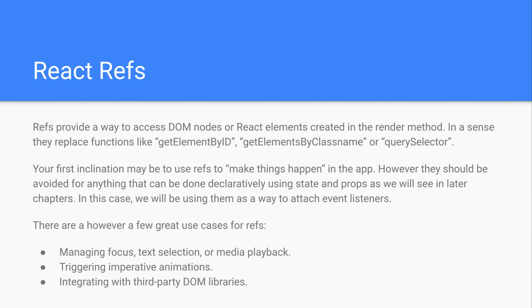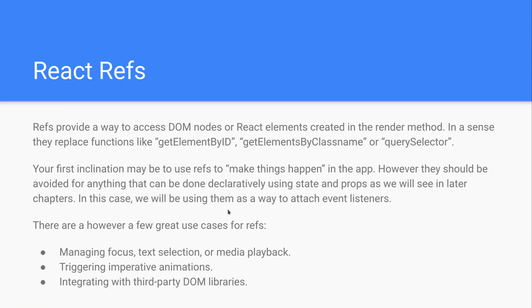We'll showcase refs in this lesson, but they really shouldn't be abused. You shouldn't use them a lot because JSX allows you to handle most cases declaratively, thanks to state and props that we'll see later on. But it is important that you know them because in a few use cases, they're really great.